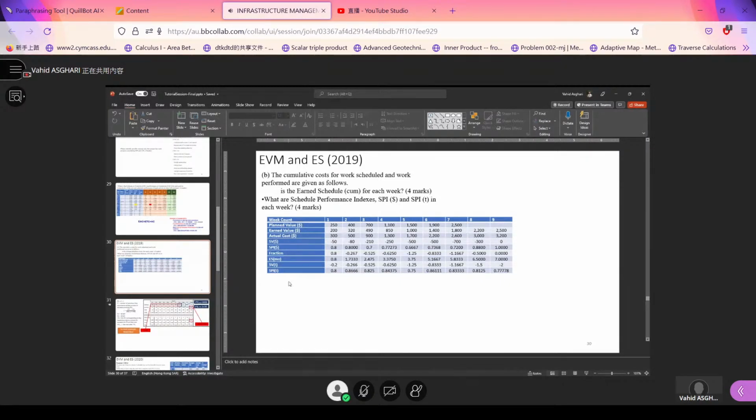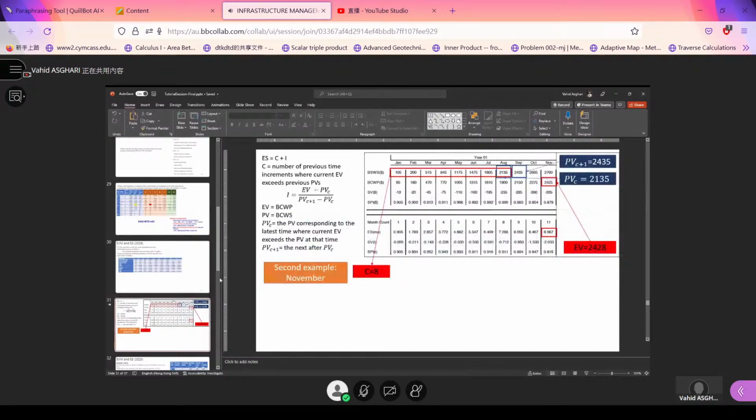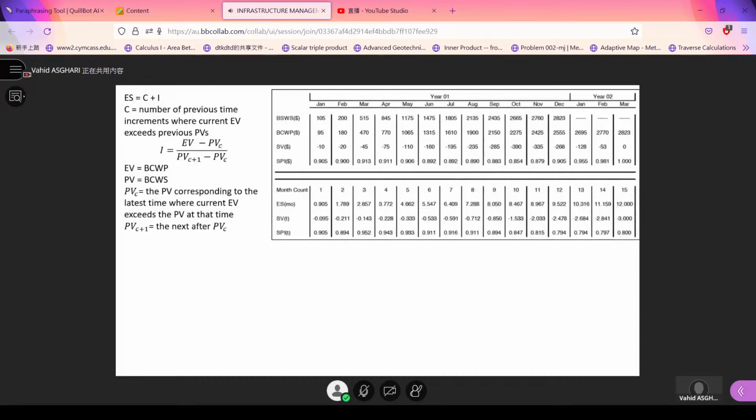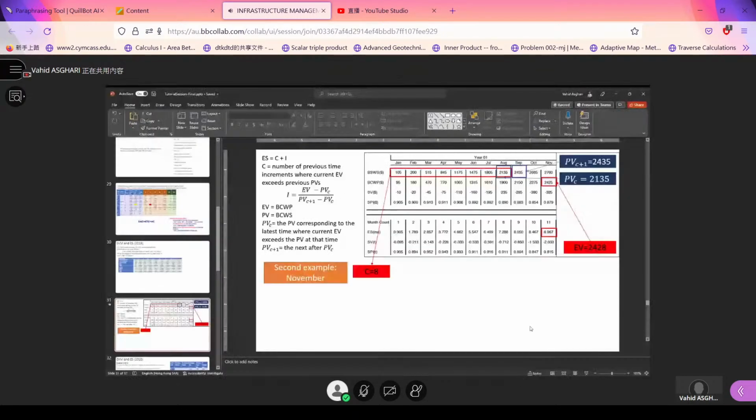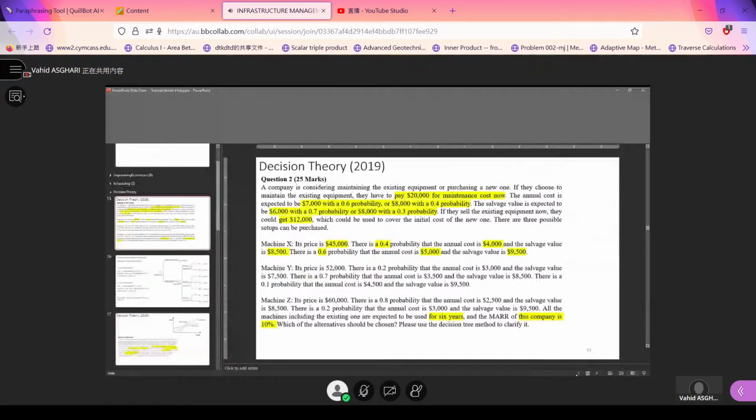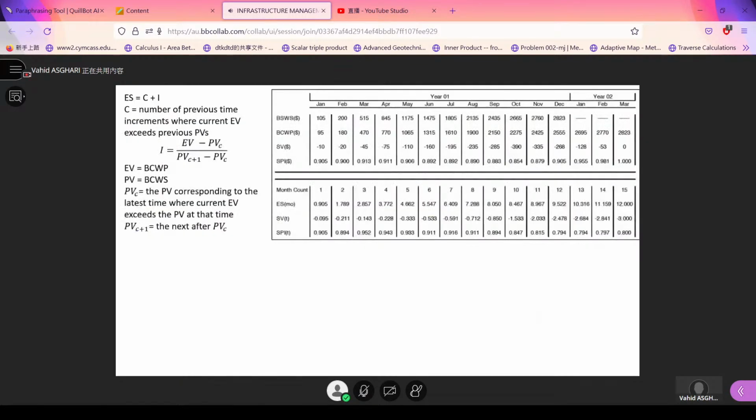I didn't provide a solution for this question because I didn't have the time, but I provided the equation and the slide that was used in the tutorial. There were some problems about understanding C and ES.